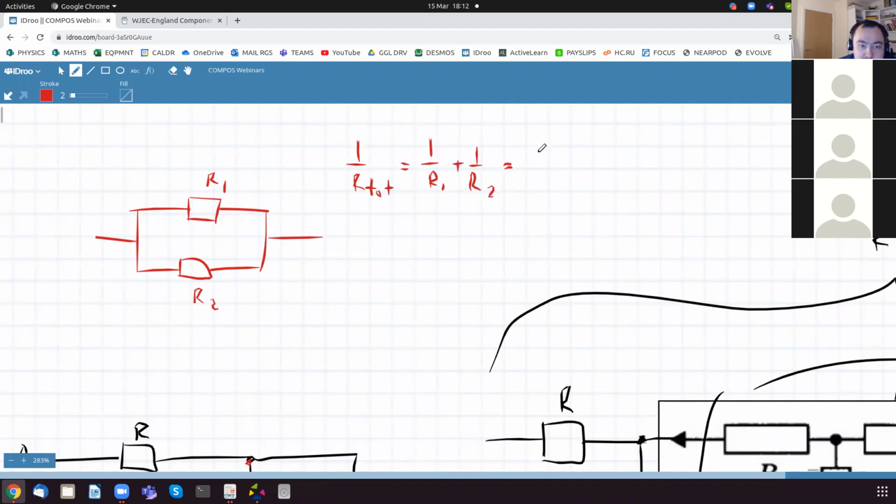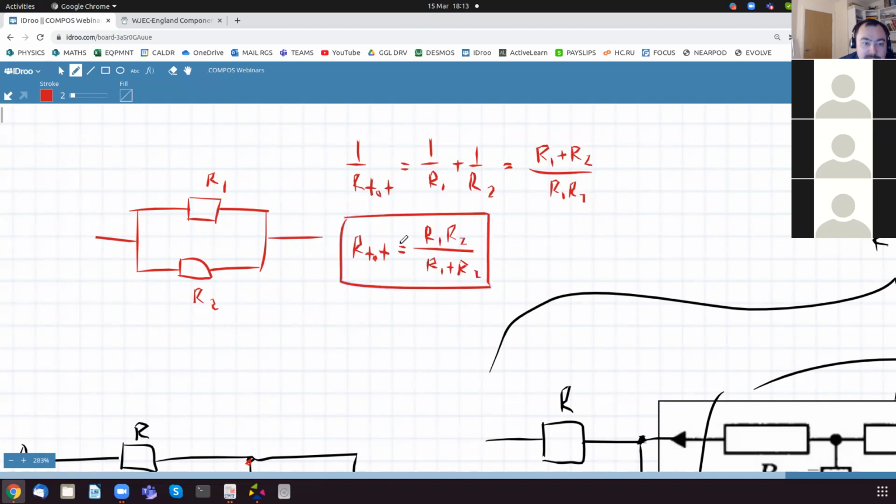That's going to be R1 plus R2 divided by R1 R2. So R total is R1 R2 divided by R1 plus R2. For two resistors in parallel, you can use this formula.